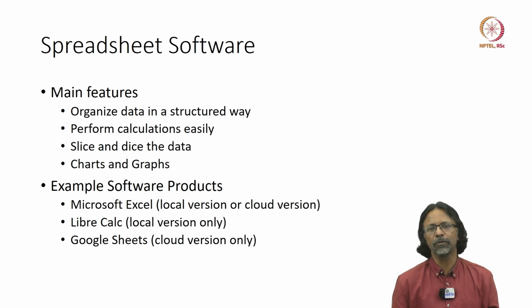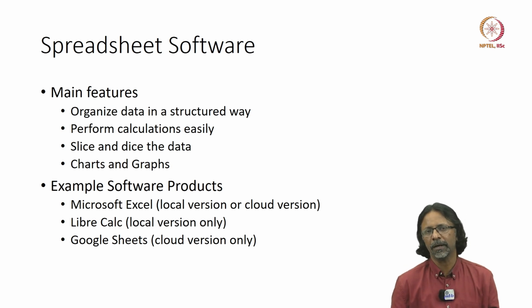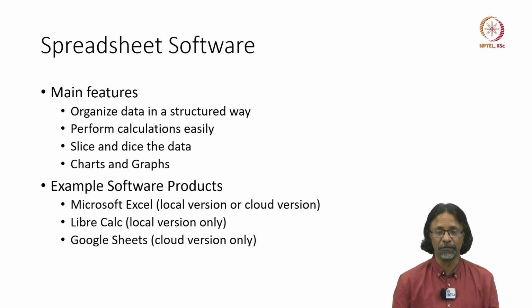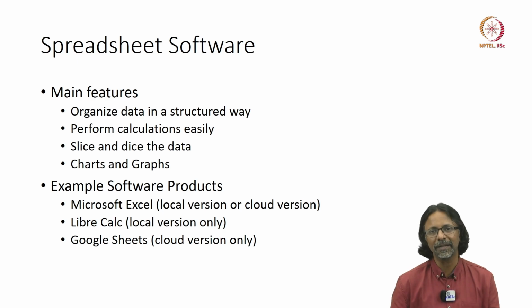Just like Microsoft, Google also offers their entire suite of Office productivity software on the cloud. Now, Google Sheets is the name of the specific product that provides spreadsheet functionality, and Google Sheets can be accessed only on the cloud, which means that internet is required.